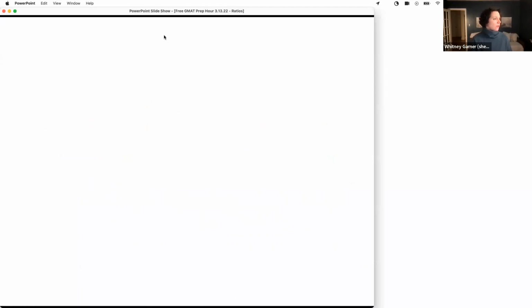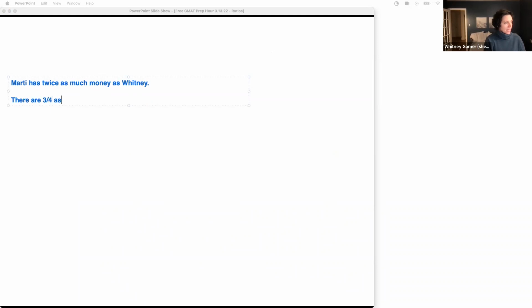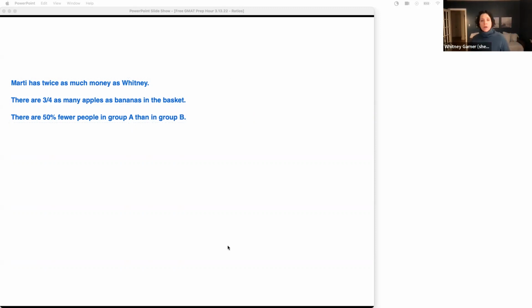So if I were to tell you that Marty has twice as much money as Whitney, lucky Marty, or there are 3/4 as many apples as bananas in the basket, or there are 50% fewer people in group A than in group B. These are all what I would call multiplicative relationships, right?